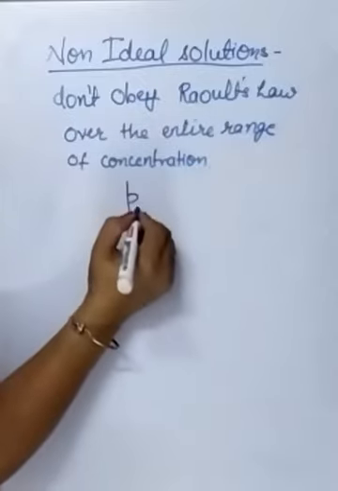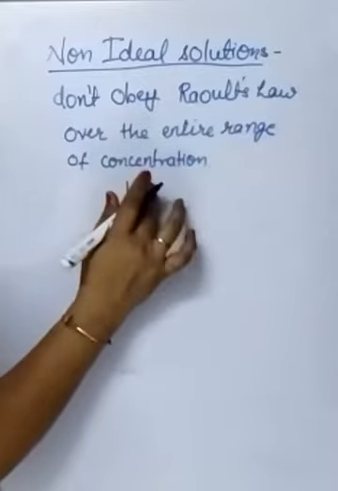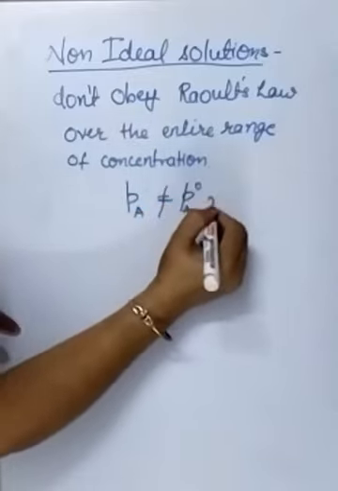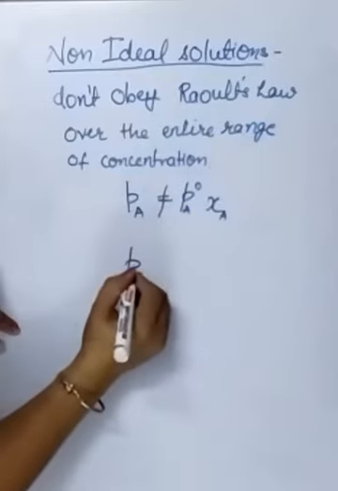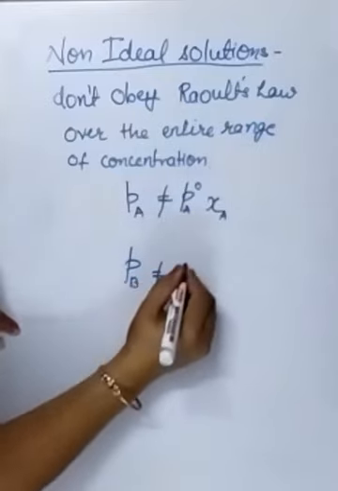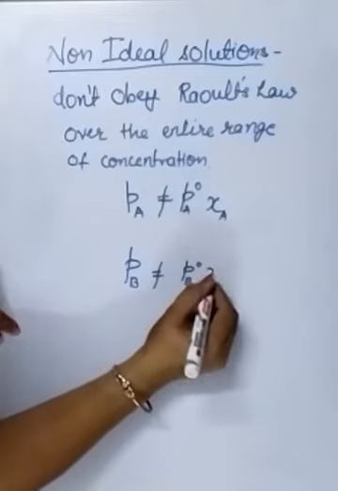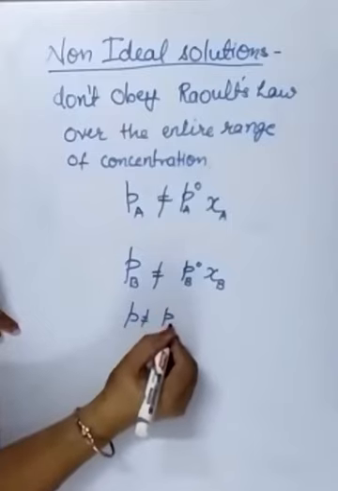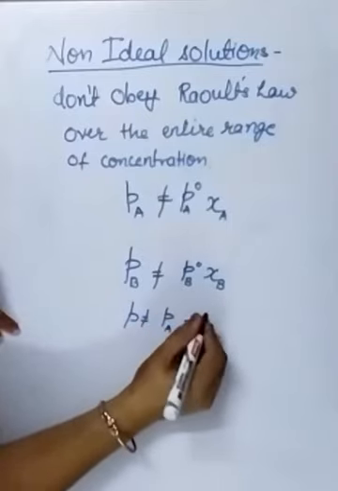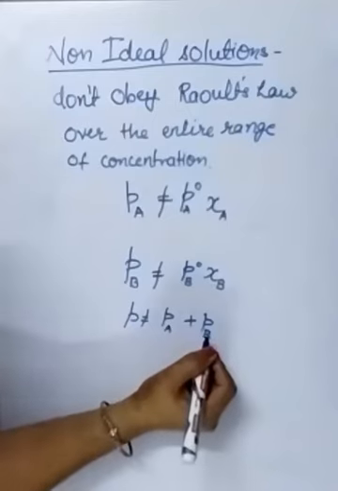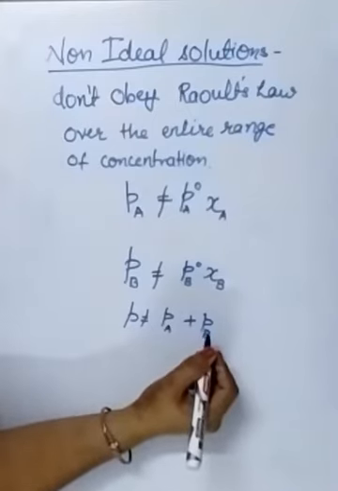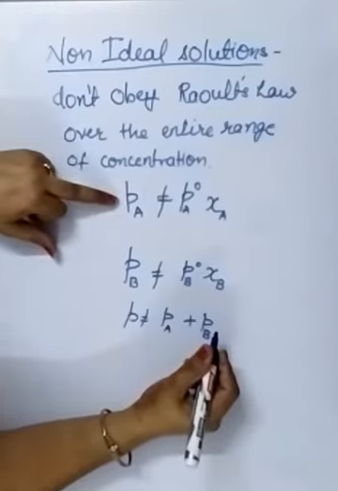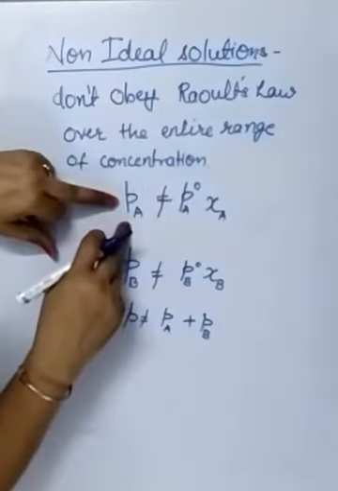That means PA is not equal to PA not XA, and PB is not equal to PB not XB. That means P is not equal to PA plus PB. So if it is not equal, then what will it be? Either PA will be greater than PA not XA, or smaller than PA not XA.